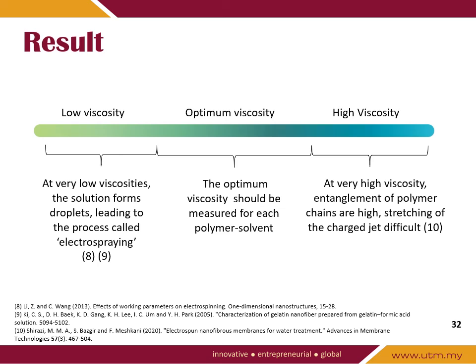At low viscosity, the solution forms droplets, leading to the process called electrospraying, while at high viscosity, the entanglement of polymer chains is high, thus making the stretching of the charged jet difficult. So within this range, we have the optimum viscosity. The optimum viscosity should be measured for each polymer solvent solution.